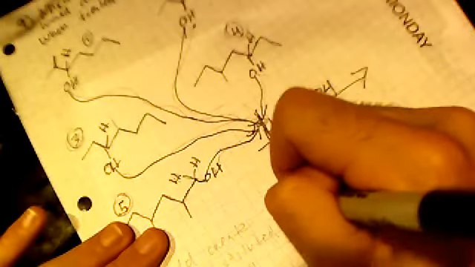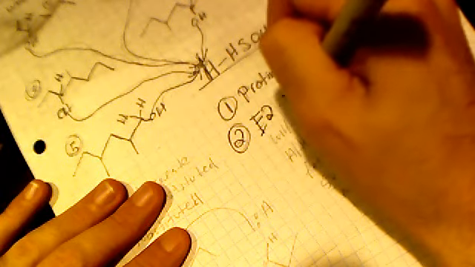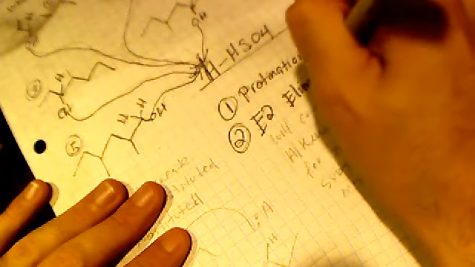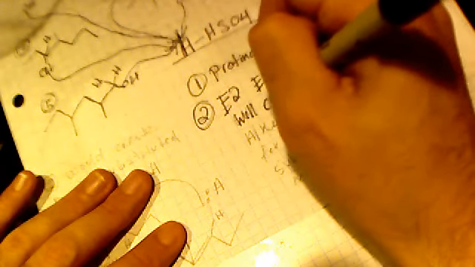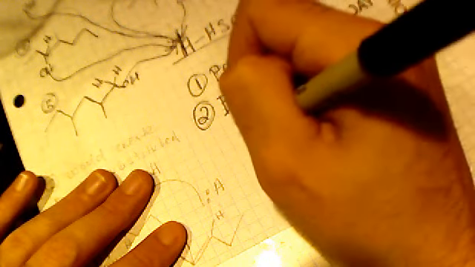And then step 2 would be elimination, E2 elimination, and that will create an alkene.